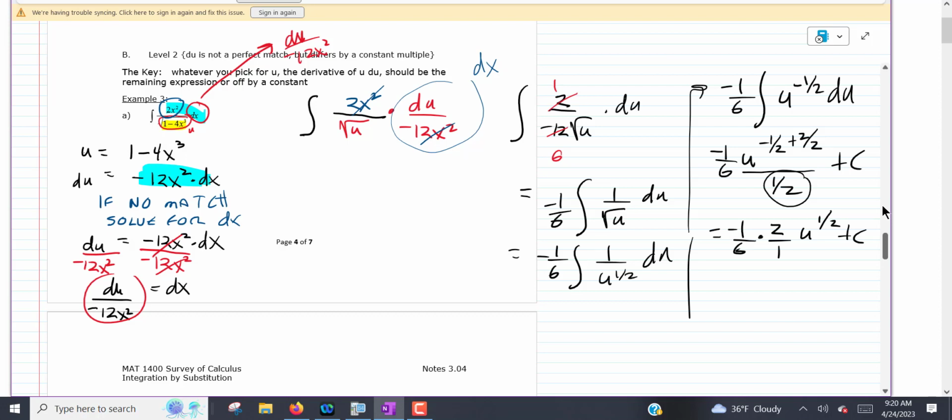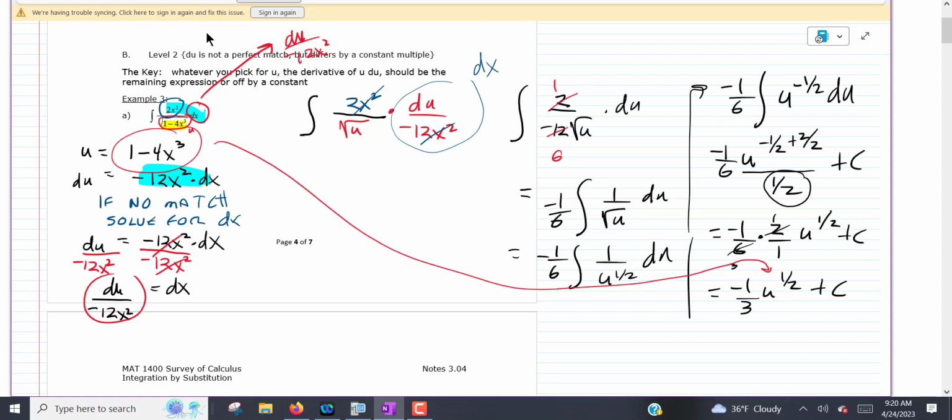Okay, so you can reduce this fraction. 2/6 is really a third, so you'd end up with negative 1/3 u to the 1/2 plus c, and then the last step is to plug back in your u. Okay, so that u is going to plug back in there. That's always the last step on the problem, so you get negative 1/3 times parentheses 1 minus 4x to the third, to the 1/2, plus c.